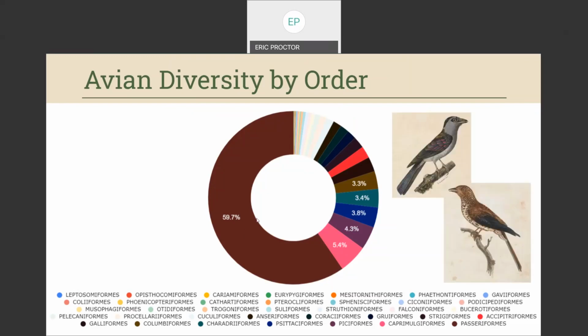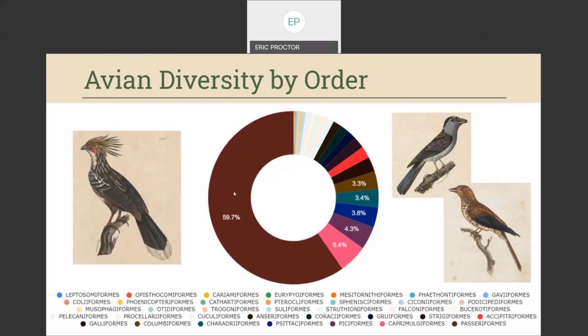The cuckoo roller makes up, I'm gonna butcher these bird names, I'm sorry, the Leptosomiforms. It is an insect-eating bird only found in Madagascar and the Comoro Islands. And the Hoatzin is the only living representative of the Opisthocomiform order. It is found only in South America. So these 2 orders only have 1 species each.